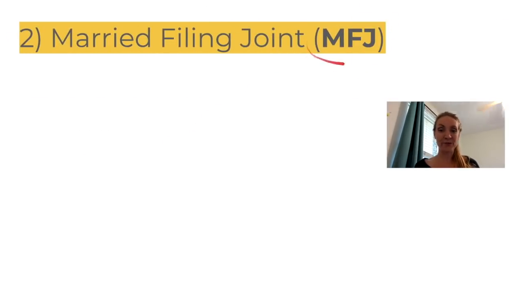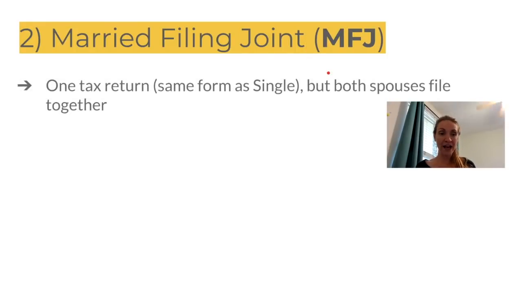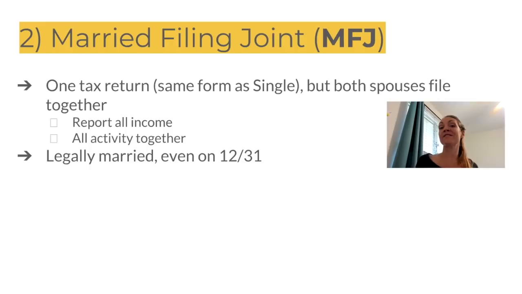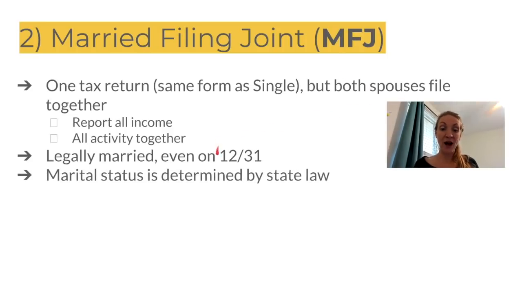Married filing joint, which I'll be initially calling MFJ, means that the couple files one tax return together, the same as filing single. Only instead, now both spouses file on one return, reporting all income, all activity together, even if one spouse had no activity and one spouse had a lot, or whatever the situation, it doesn't matter, they file together. So even if they got married on 12/31, it still counts.